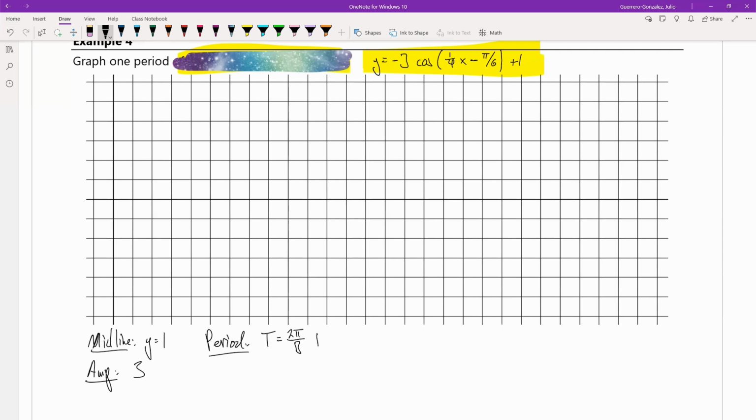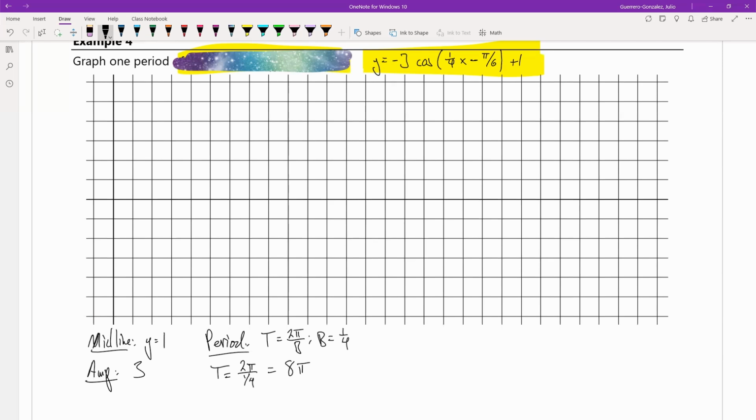We know that b, in our case, is 1/4. So my period is going to be 2 pi divided by 1/4. And if you compute this out, it's 8 pi.